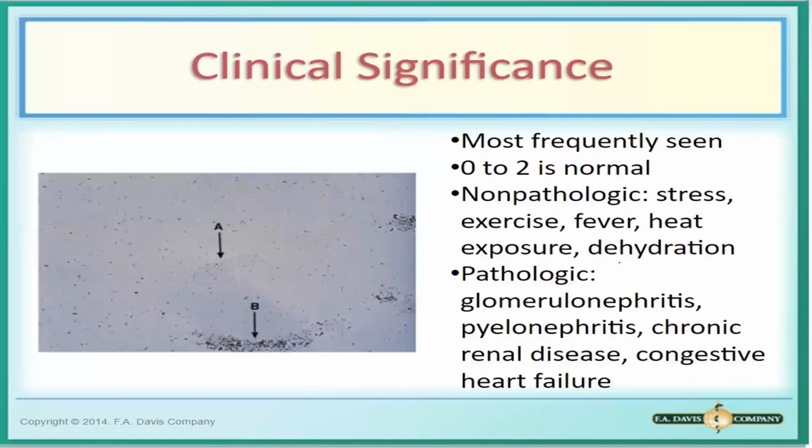In this photo, letter A is a hyaline cast. Letter B is not a hyaline cast. Why? Tingnan nyo po yung parallel sides. Ang hyaline cast signifies or gives you a visualization ng sides ng tubules ninyo.